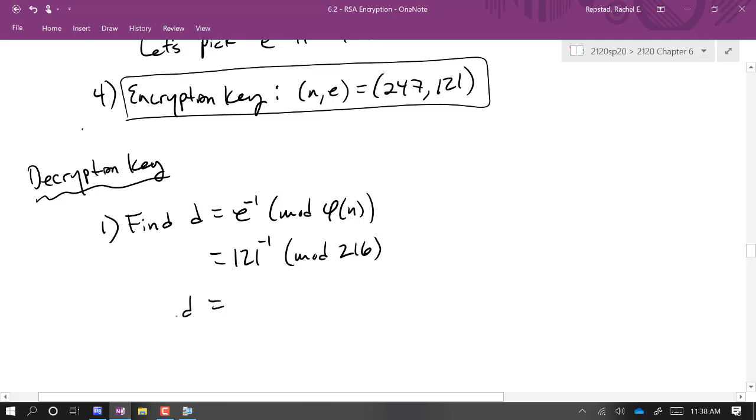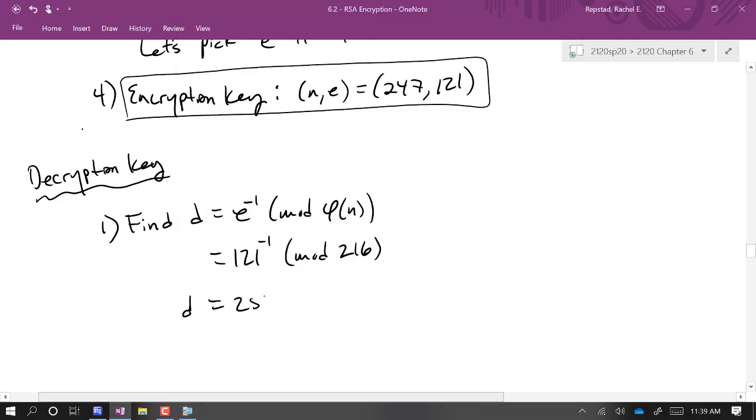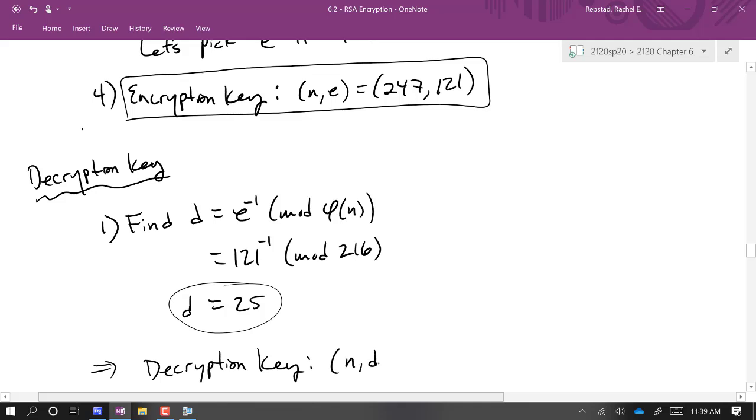And these numbers are small enough I could just use that program. I want the inverse of 121 mod 216. That's 25. So the decryption key, which I have to keep secret, is the pair of numbers 247, 25.